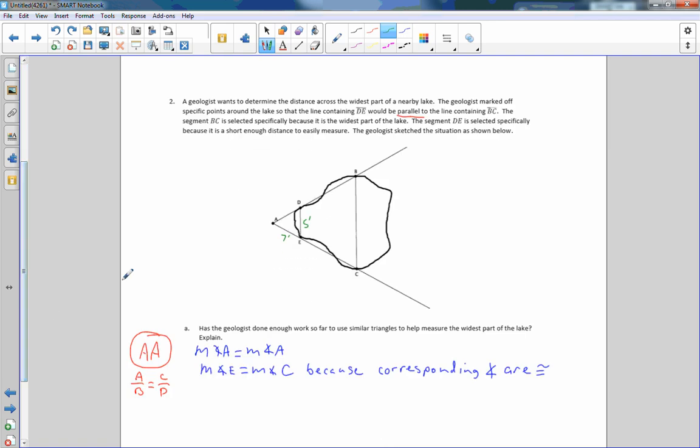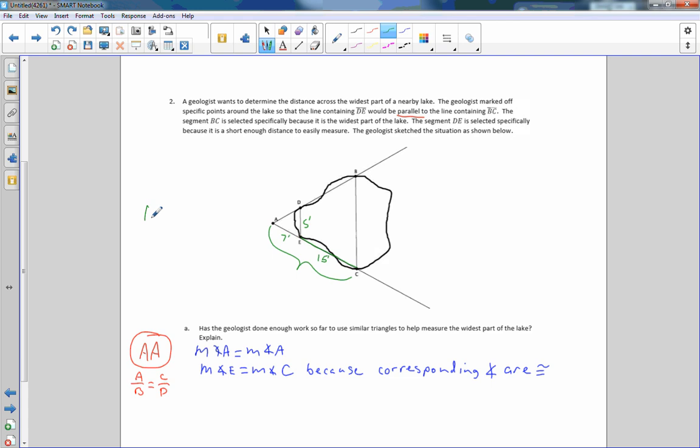I love when problems go to the next page. So EC is this piece right here. That is 15 feet, just from here to here. It's not the whole AC. So this little piece is 7, and this big piece is 15. So I'm going to start by finding AC.